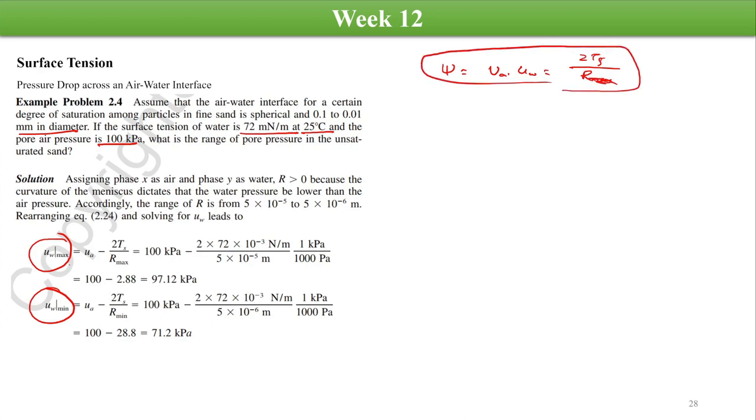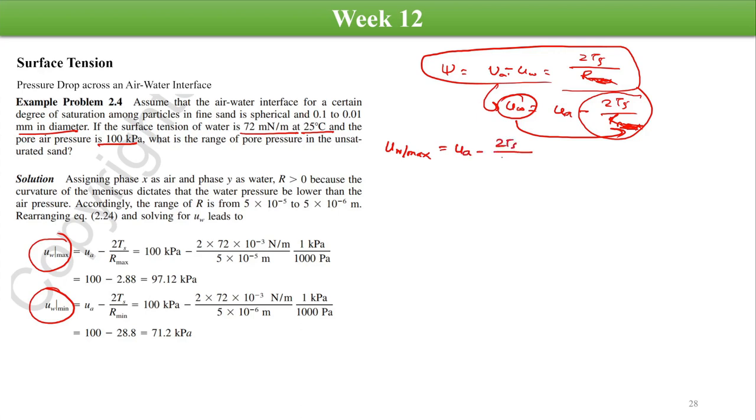If we need to determine the maximum value of UW, we rearrange it, and we get UW equal to UA minus twice TS upon R. Then if you want the maximum value of UW, this R should also be maximum, so that this term will be minimum. So we are determining UW max. It will be equal to UA minus twice the surface tension upon R maximum value.